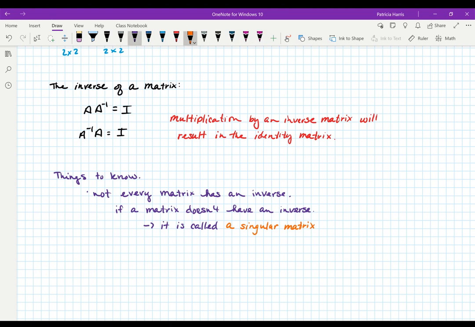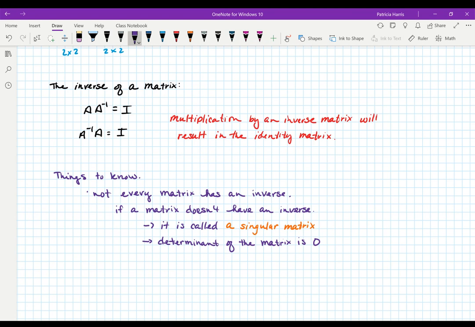Okay? The second thing that you should know is if a matrix is singular, how you know it's singular is the determinant of that matrix is 0. So a good way to tell whether or not you're dealing with a matrix that has an inverse or not, calculate your determinant. If it's 0, then it's singular, no inverse. If it's not 0, then you have an inverse.